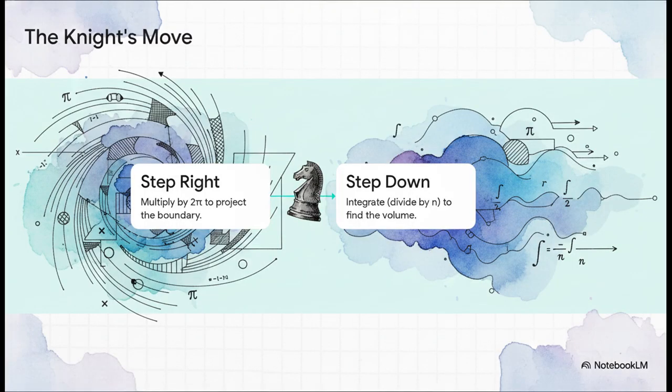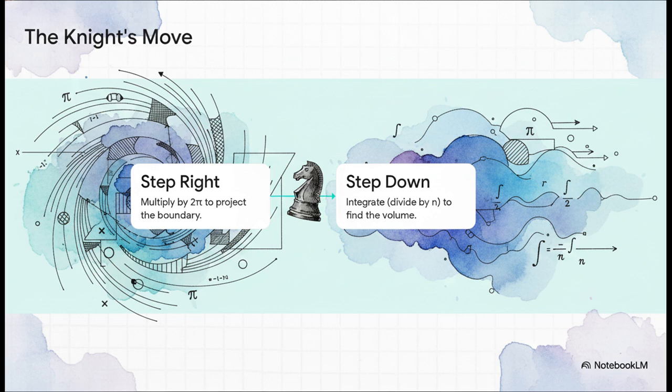And here's the best part. We can use this Archimedean trick to reliably step up through the dimensions without our intuition failing us. By combining basic calculus with Archimedes' trick, we can hop up and over a mathematical grid like a knight in chess to calculate the volume of any dimension. It's a two-step process. Step 1. You step right.